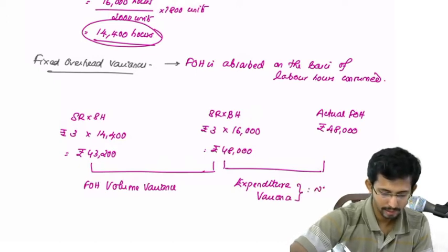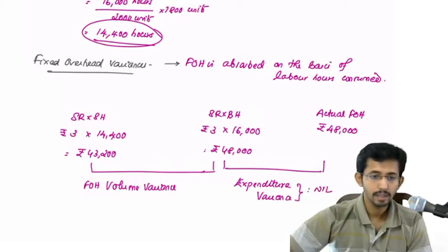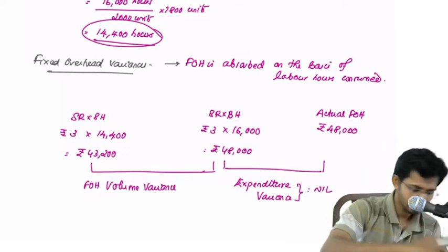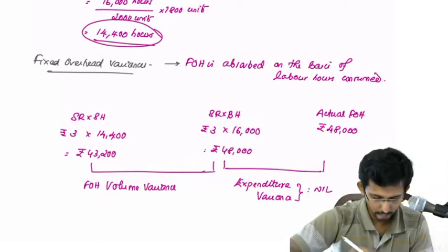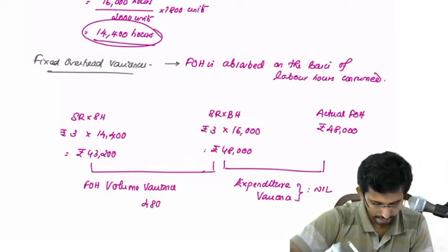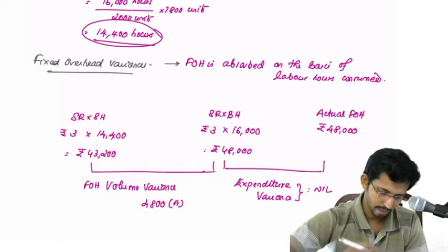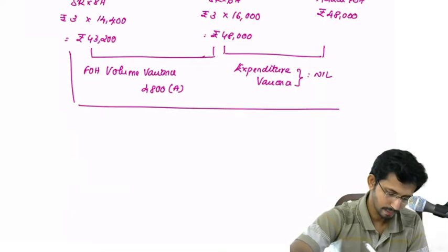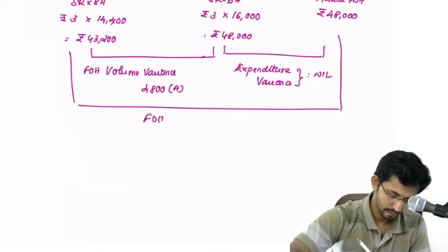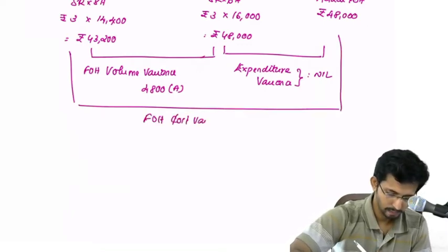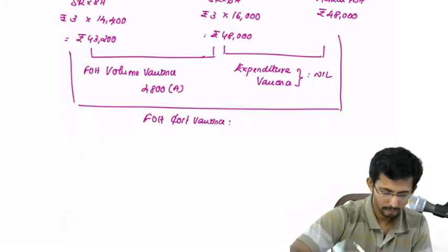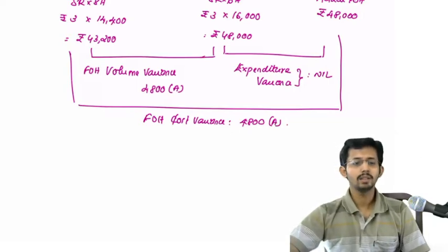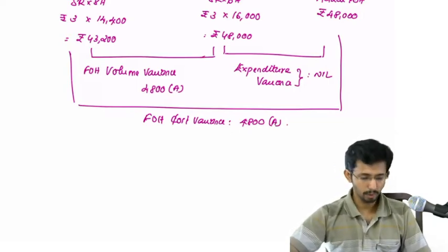Expenditure variance is nil, but volume variance is 43,200 minus 48,000, that will come to 4,800 adverse. And total FOH cost variance is 4,800 adverse. Is it clear? So that is FOH variances.